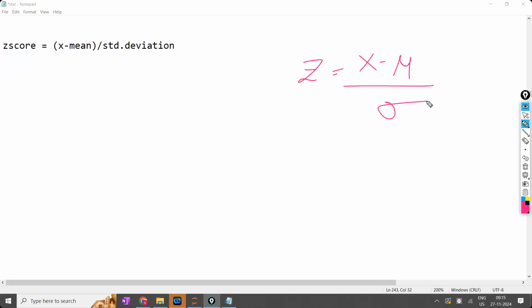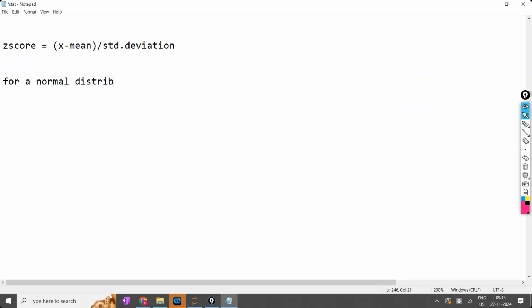Okay. Why are we going to calculate the Z-score? In order to calculate the probability. For any value we can calculate the probability. Now for this Z-score, for example, if the data is normally distributed, the data is categorized on mean and standard deviation.